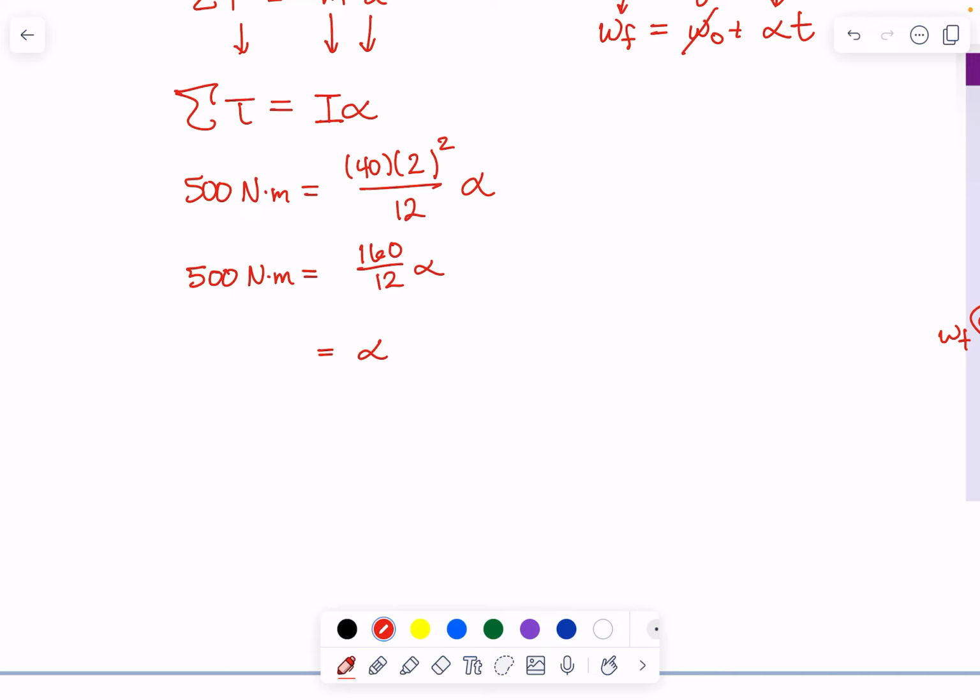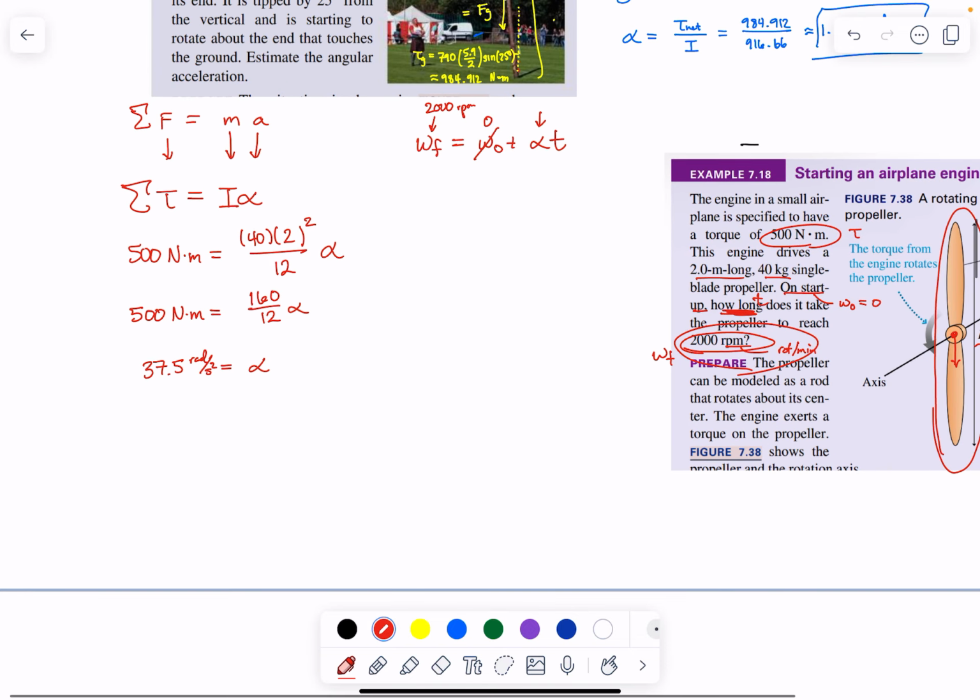Not sure why I'm doing that, but that's okay. All right, so times 12 divided by 160, I get that alpha is equal to 37.5. The units here would be radians per second squared, right? Is that what we would have?